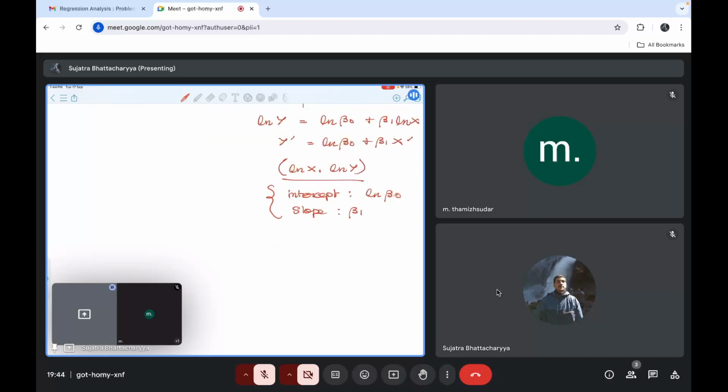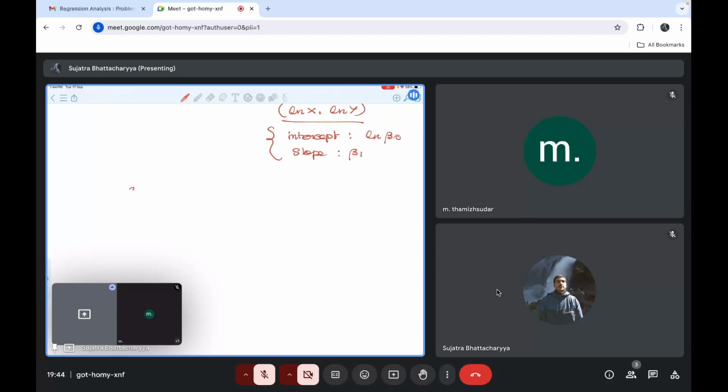Okay. So this is another. Next, the third one is when you have this kind of a feature where this is your zero. It's a logarithmic kind of a feature, you can see this, or you have something like this, x and y.